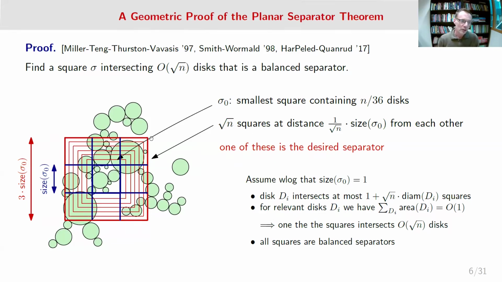So you have to play a little bit, and instead of this 3 by 3, you make it a 6 by 6, and you ignore disks that are relatively large and so on. But this is the basic idea: because in here you don't have many disks, that means that inside this 3 by 3 one, you also cannot have too many disks.